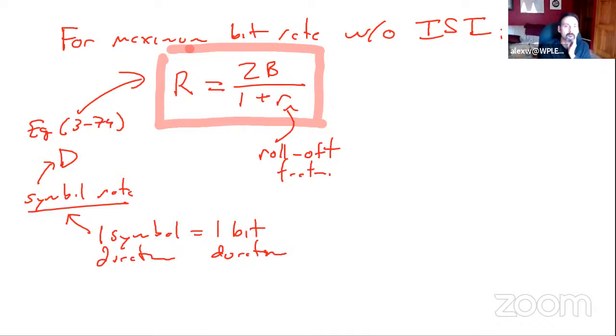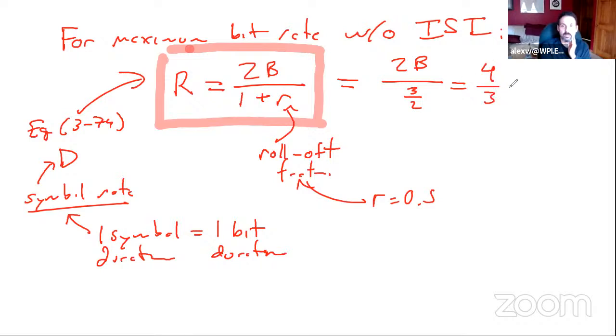So suppose here we define that R is equal to 0.5. This means we get 2B over 3 over 2, which is 4 over 3B, which means that B is equal to 3 over 4R. So that's the bandwidth that we have here, given the bit rate, which is equal to the symbol rate of the polar non-return to zero transmission.